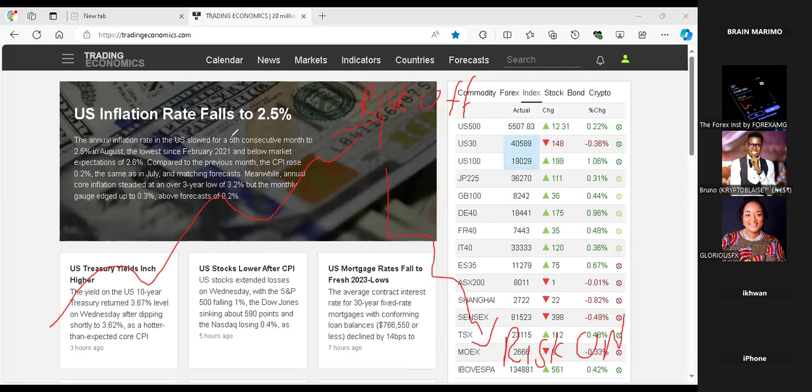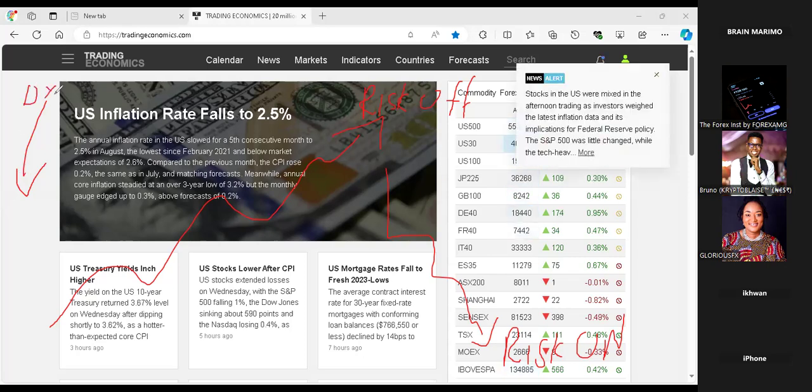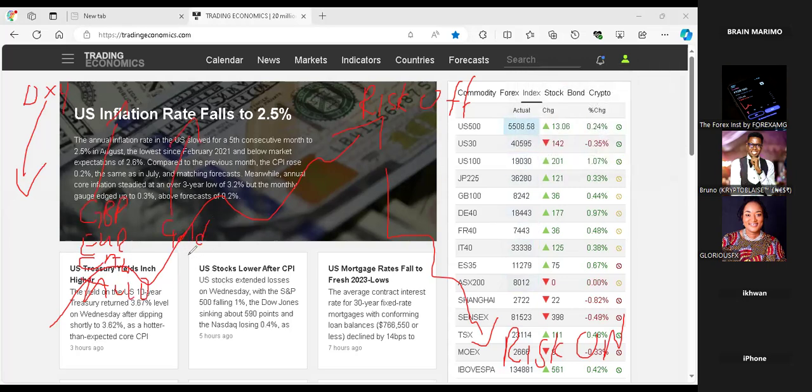So we are selling the dollar because, of course, it's moving like this, risk on. When we sell the dollar, that means what are we buying? GBP, Euro, CAD, you name it. Gold, we're buying.